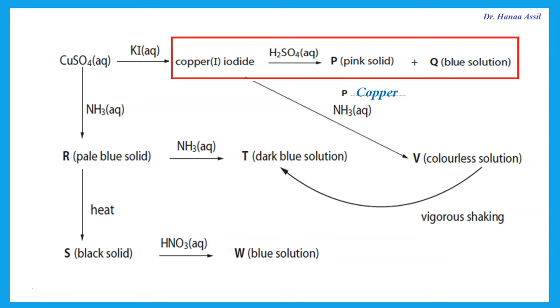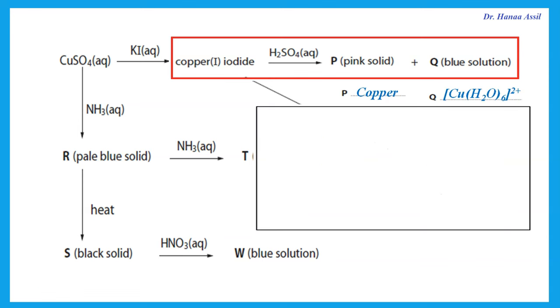Obviously, P should be the copper metal. That is the one that is a pink solid or a reddish-brown solid. What is Q? Q would be, it's a blue solution, so it has to be copper 2+. So it is the complex of copper 2+ with 6 water.